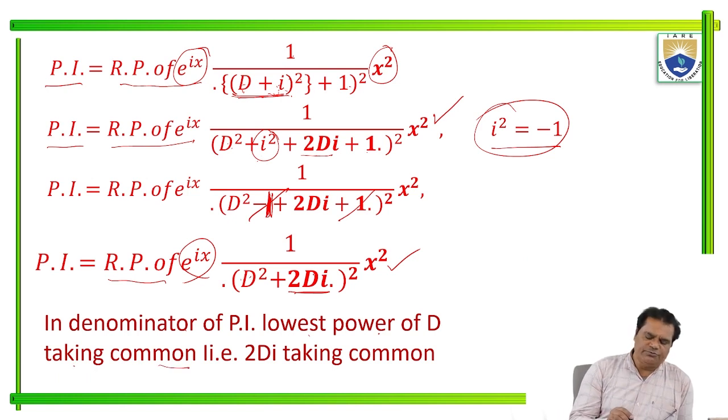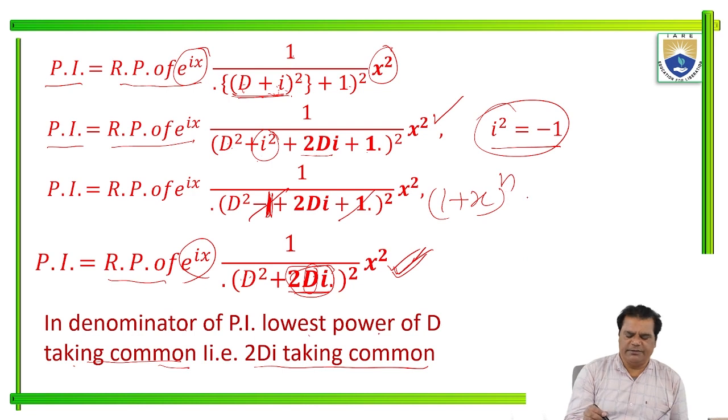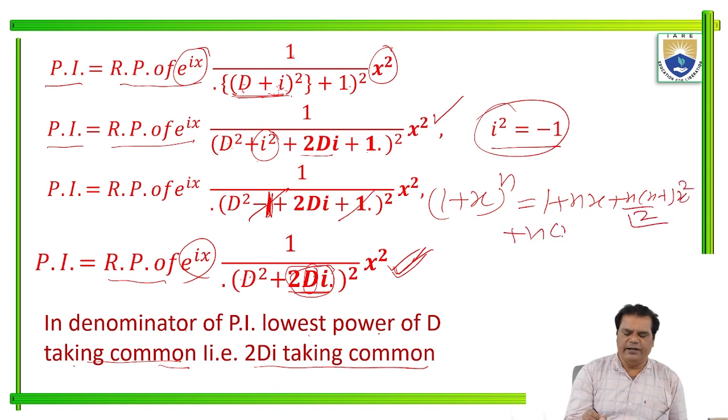Of D square and D, the lowest power is D to the power 1, so we take 2Di common in this step, because we are making a binomial: (1 plus x) to the power n, which I have discussed several times. 1 plus nx plus n(n minus 1) x square upon factorial 2 plus n(n minus 1)(n minus 2) upon factorial 3 into x cube, and so on.